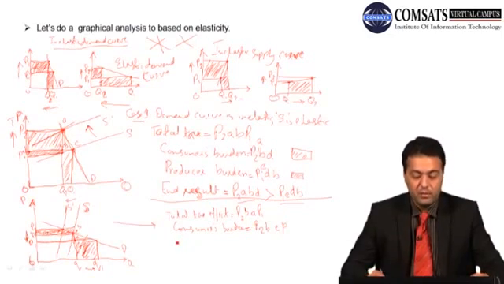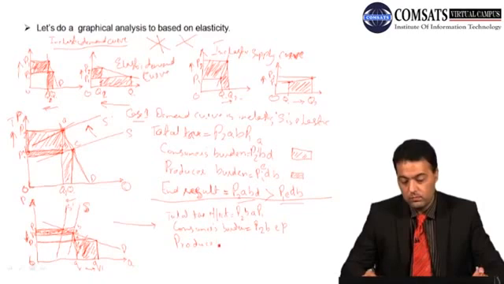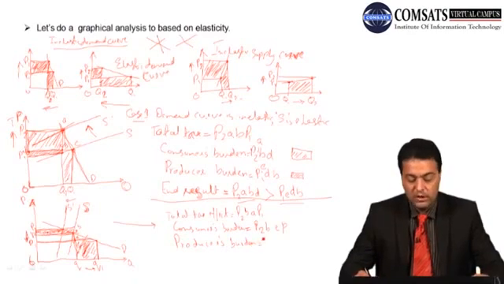This area. Producer's burden in this case would be the area P, E, A, P1.